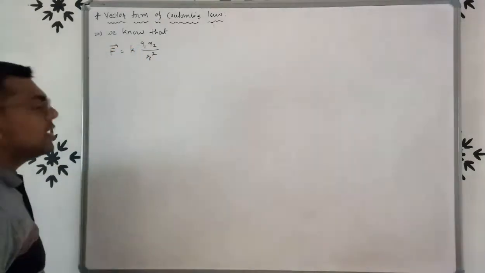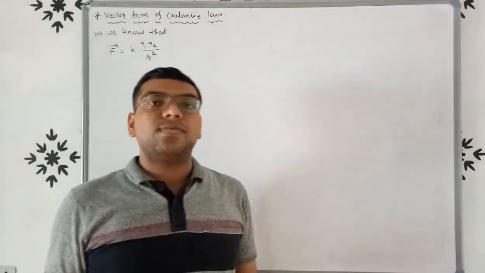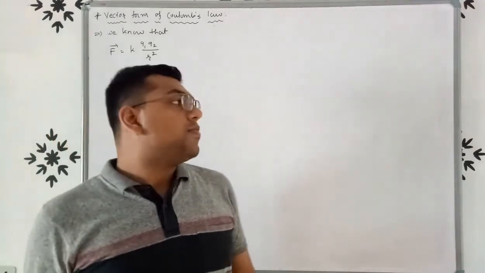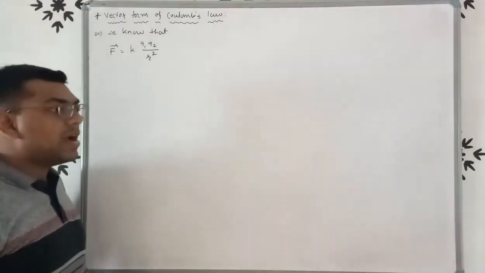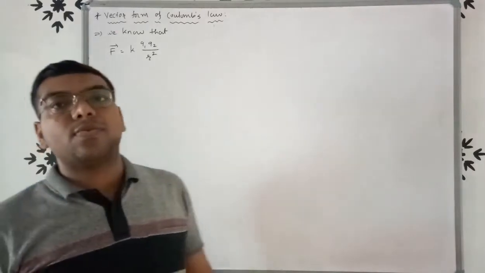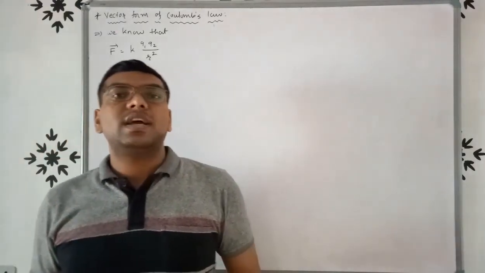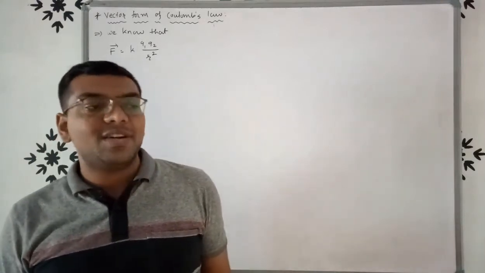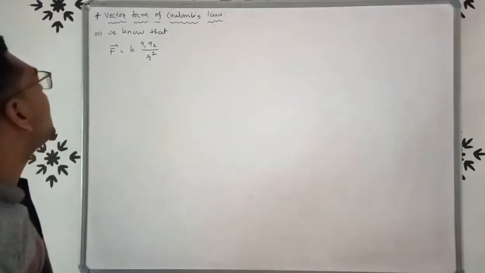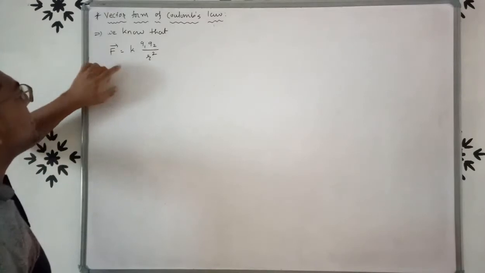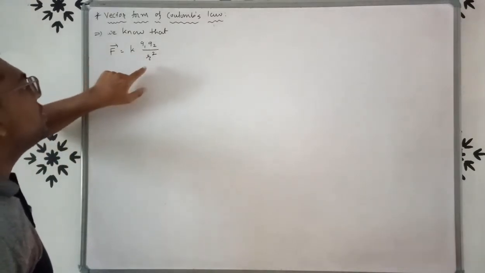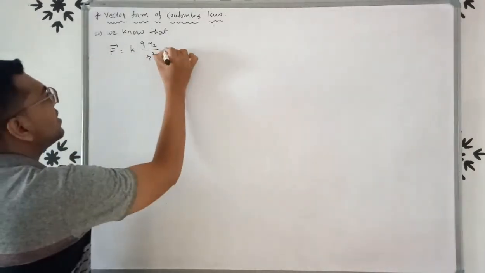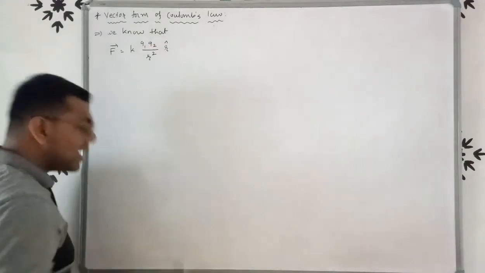vector F. So if we write vector F, we have to define the direction of force, and we know that to define the direction we use the unit vector. So here we can write that vector F is equal to K Q1 Q2 upon R square into R cap.